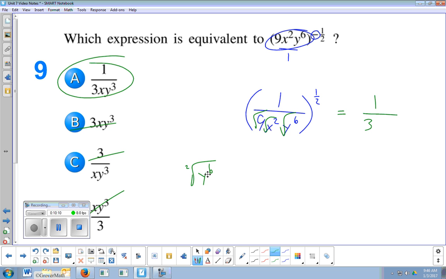When you're doing this type of thing, you divide the exponent by the root. So 6 divided by 2, that's why it's y to the 3rd. The square root of x squared, I'm doing a root of 2, 2 divided by 2 is just 1. Y to the 6th divided by 2 is y to the 3rd. So when you're doing radicals with exponents, you divide.